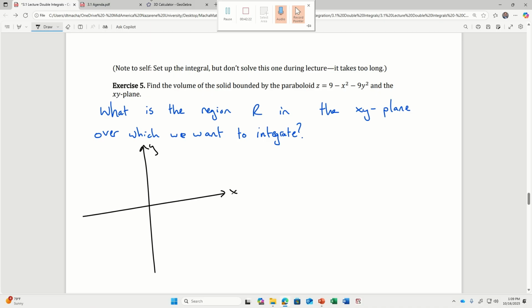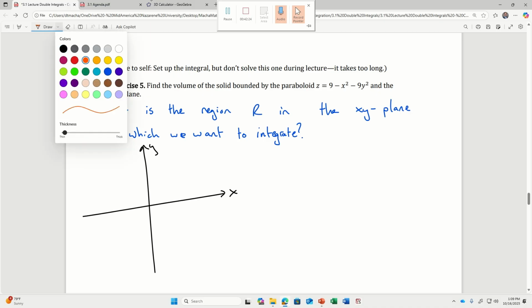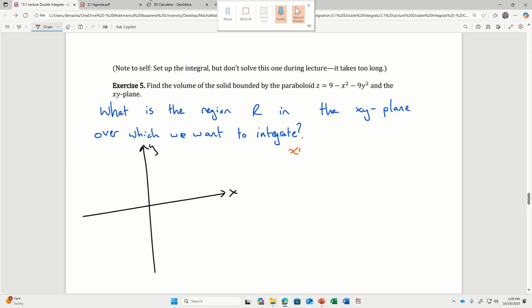And to answer this, remember the xy plane is where z is equal to 0. The xy plane is the plane where z is equal to 0.